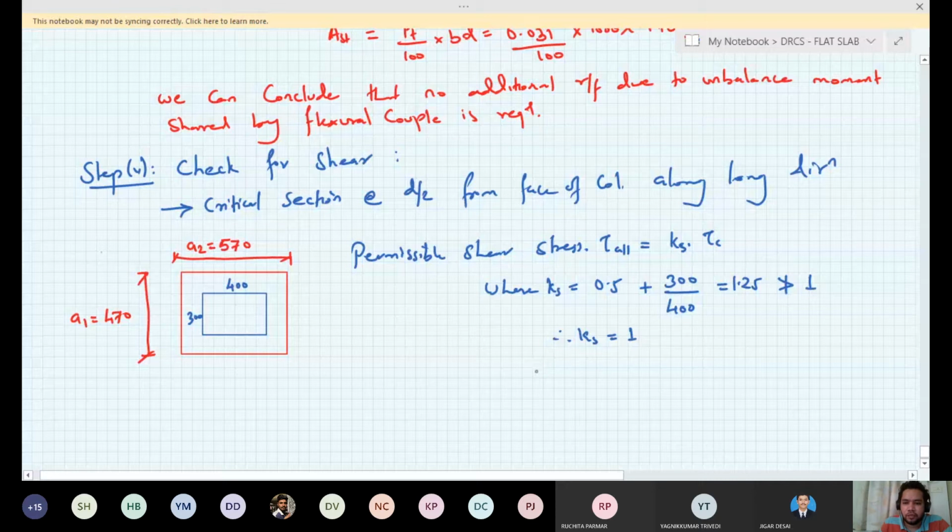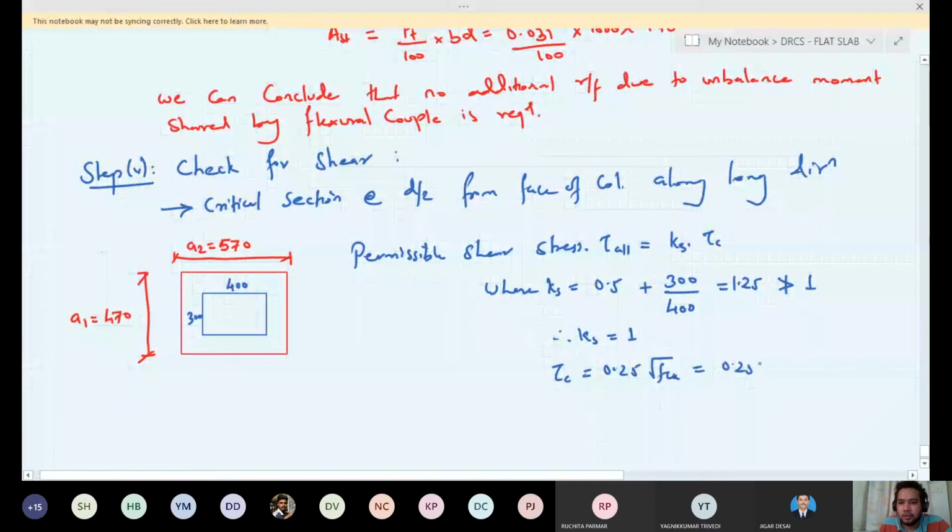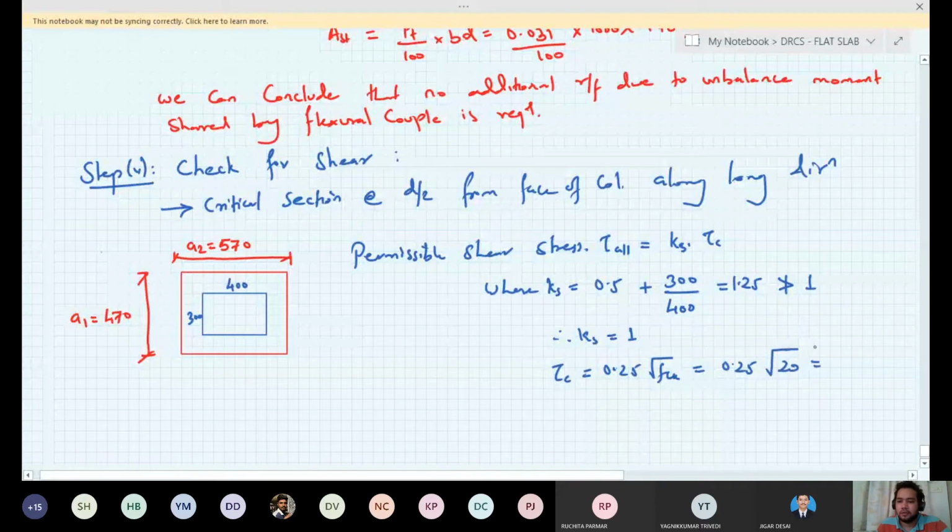Next, tau c is given as 0.25 root of fck, so it will be 0.25 root of 20. So how much is this value? Everyone keep calculator with them.